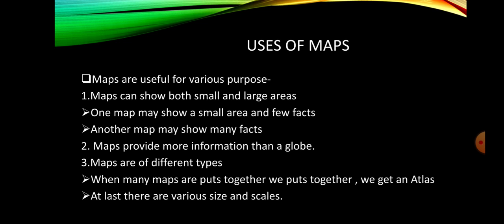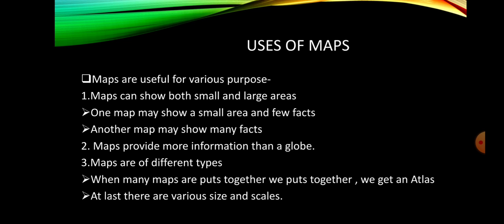When we are talking about a small area, it will give information about the small area, and in the same way it gives more information about both small and large areas. Even maps provide more information than the globe. As we know, we will not get detailed information on the globe, but when we are using a map, we will get detailed information of each and every place on the map.